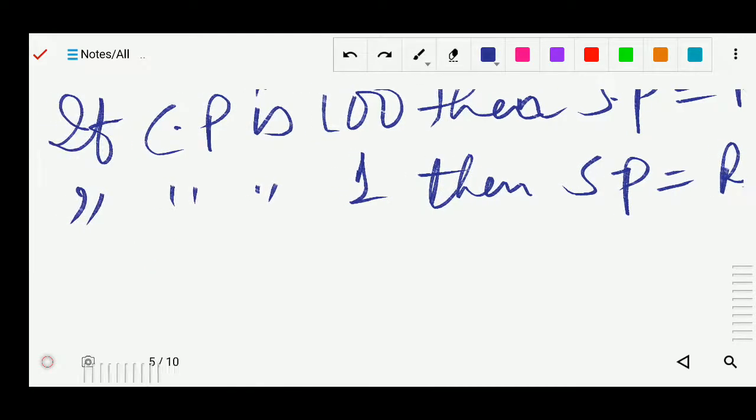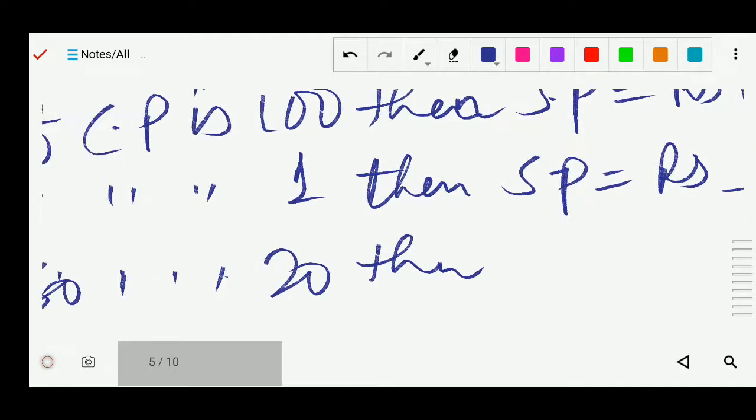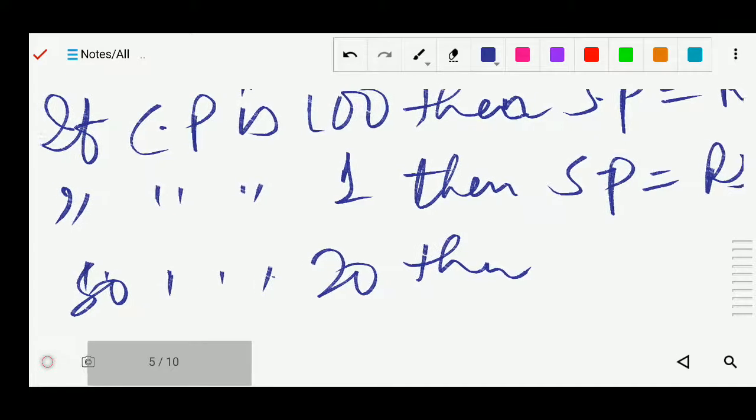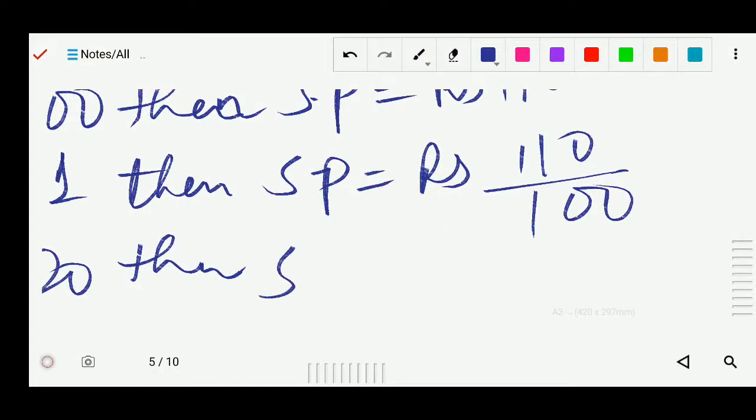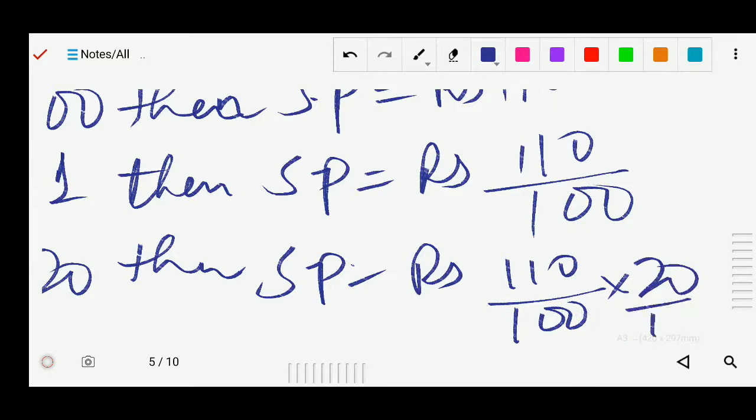If the cost price of 20, then SP will be rupees 110 divided by 100 and multiplied by 20. Okay, now we can cancel these zeros and this zero too.